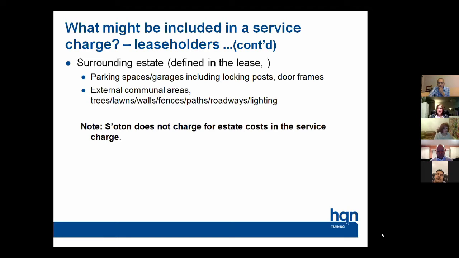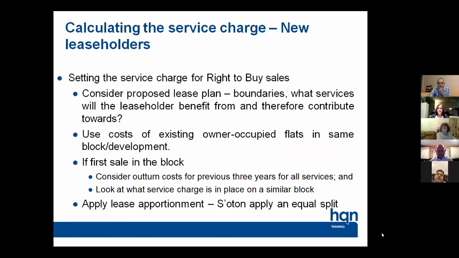Okay, so calculating the service charge for new leaseholders, that's where tenants are exercising the right to buy. These are tenants in flats, because we've already established that people in houses aren't paying an estate charge. So for people in the flats, how do they go about calculating a service charge?